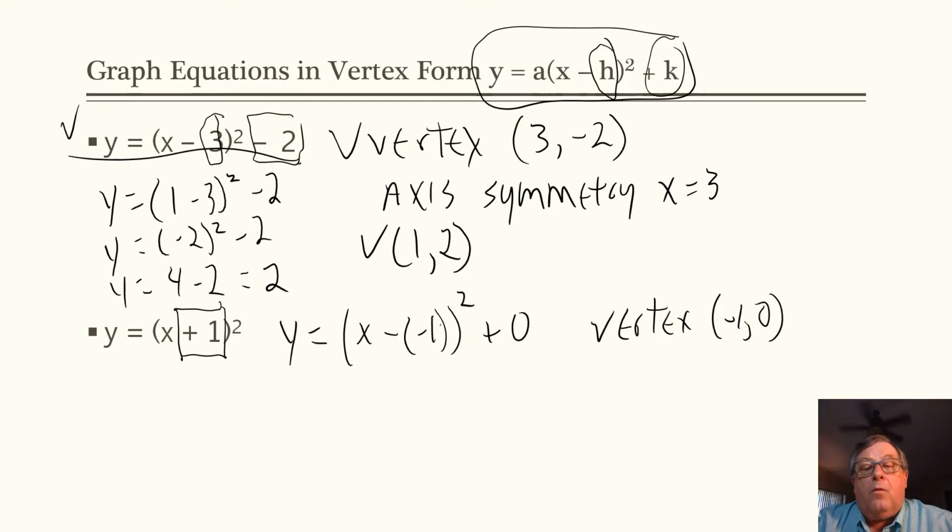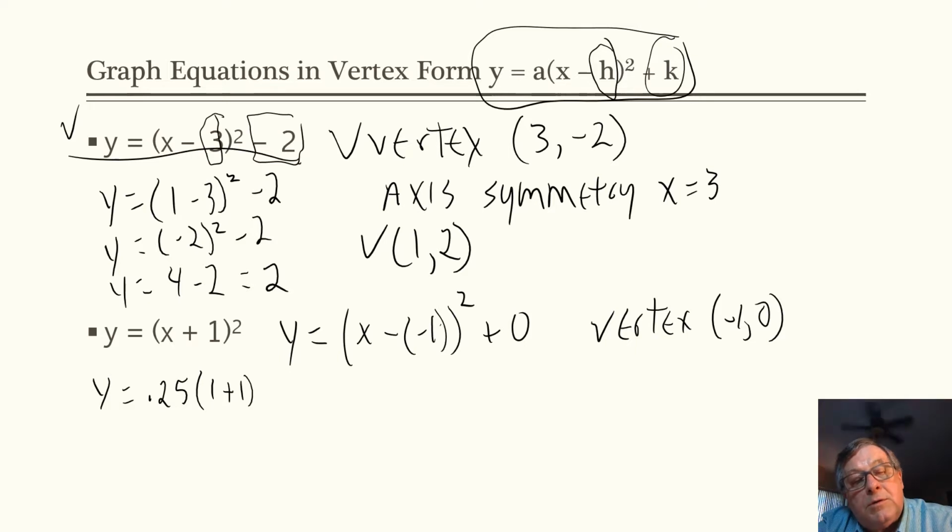All right, now let's get another point on here. What about when x is 1? And I do have an a value on this. If you look there, it's 0.25. So y is equal to 0.25 times (1 plus 1) squared, which is y equals 0.25 times 2 squared.